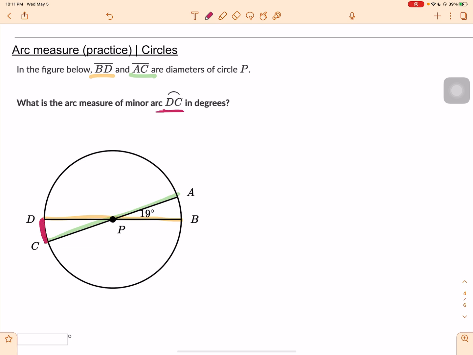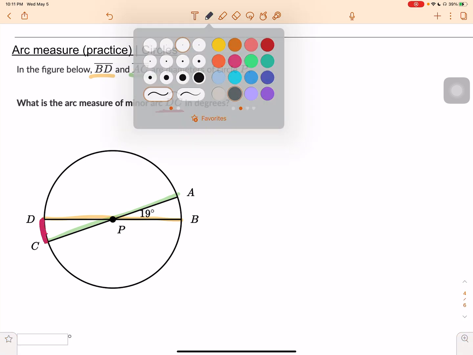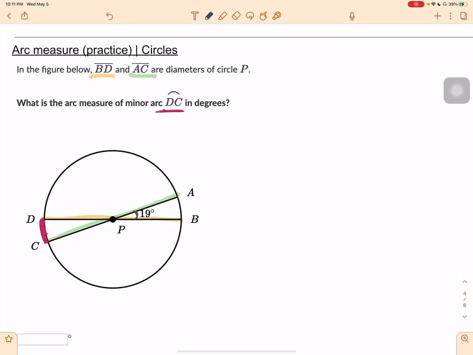So we just have to start to use what we know, okay? Well, I know that this measurement here is 19 degrees. If that's 19 degrees, then its vertical angle is also 19 degrees. And since we know that these are diameters, we know that this is the center of the circle. So this is a central angle. So is the other one on the right, the other 19.